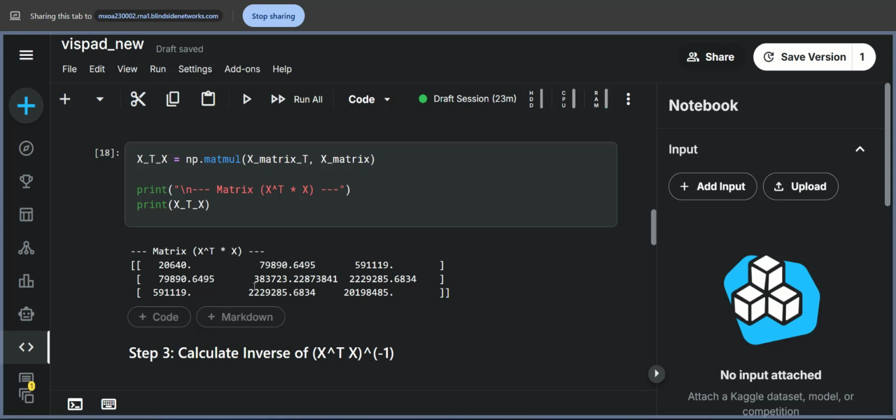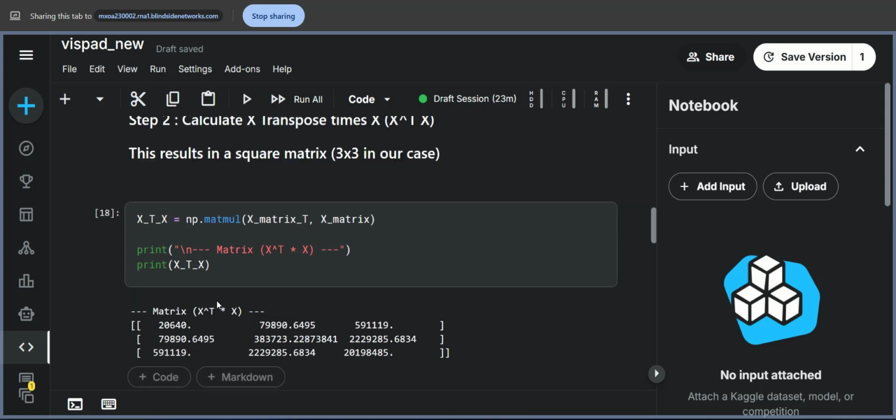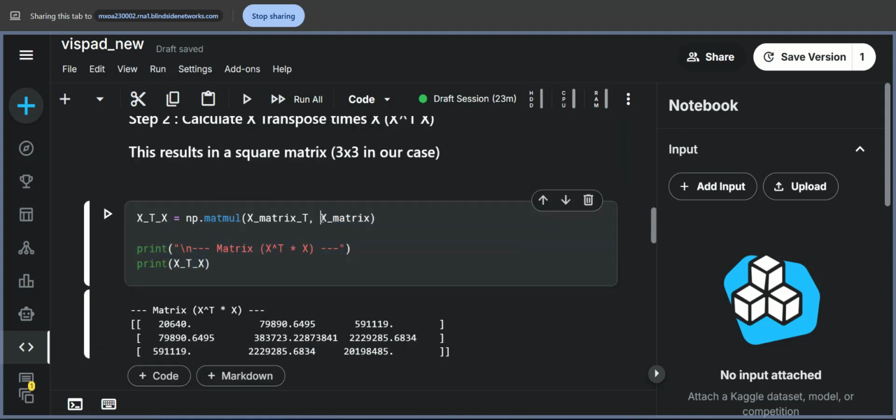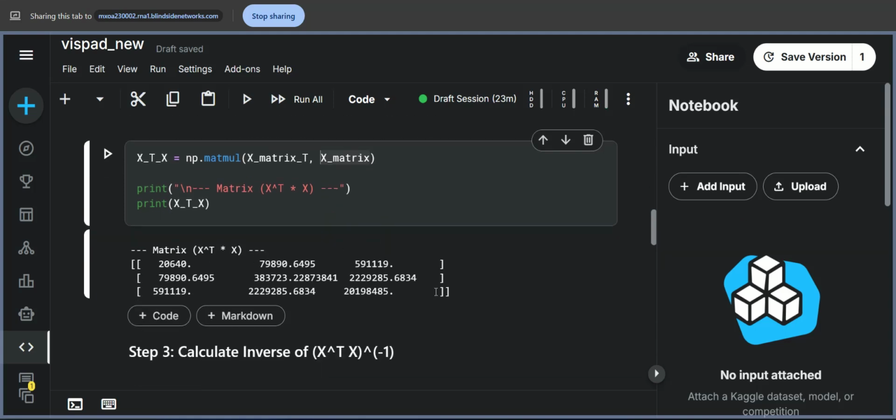Nothing strange was done. Each of the column values from the transpose were multiplied with the row values of the original matrix that we had here, to give all this representation.